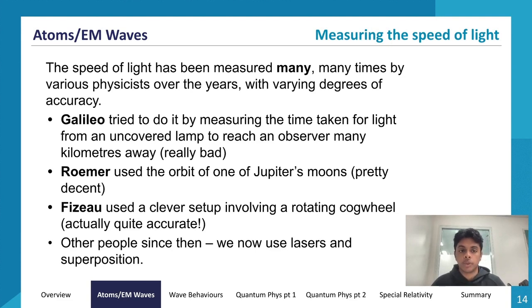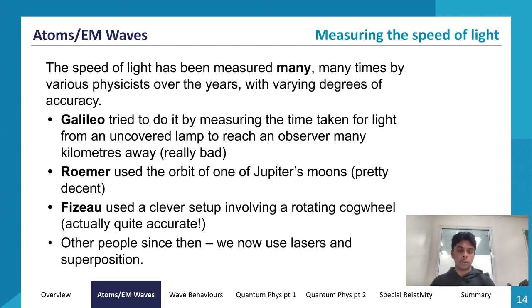In this case, for Galileo, you'd draw 2 mountains and one person on each mountain, one holding a lamp, for example. You always want to draw a diagram if it's above 5 marks and they're asking you to detail Galileo's method of measuring the speed of light. Another thing is they might ask you to describe the limitations of each model of light. That's also something you want to look out for when you're restudying this module.